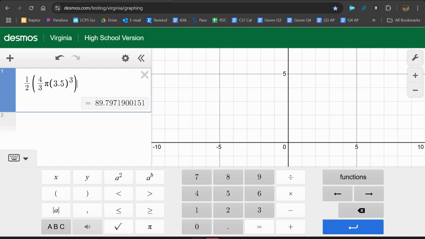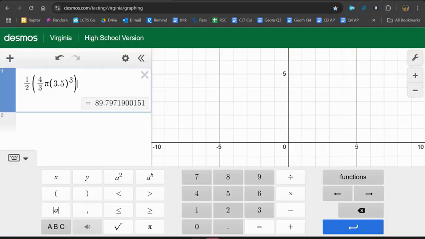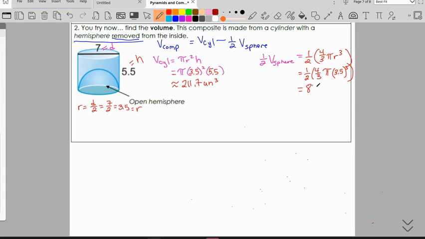Okay, so that's going to equal 89.8. Is that what we got? Go back and double check. Yes, that's going to round to 89.8. So that's going to be 89.8, and this is volume, so it's going to be cubic units or units cubed. UN is for units, generic units if they don't give us units.